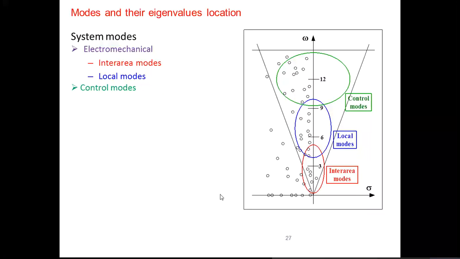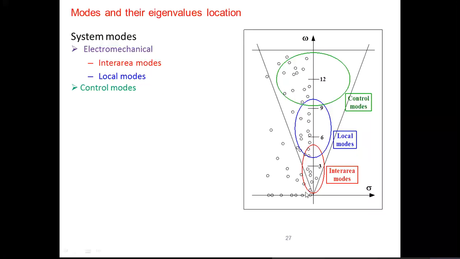So now if you recall on the S plane, we have the real axis and imaginary axis, and then the position of the eigenvalues which correspond to the inter-area modes. They will be of somewhat lower frequency.